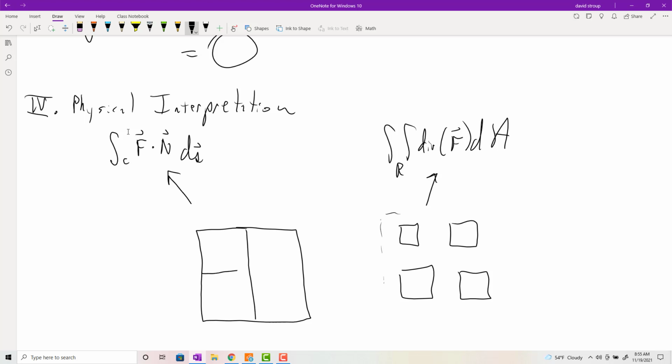And then the other version, we're going to go around each individual block. Okay. And the deal is that individually you'll have different numbers as you go around and add things up.